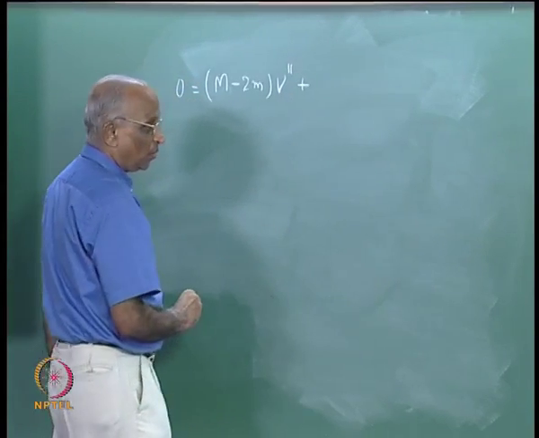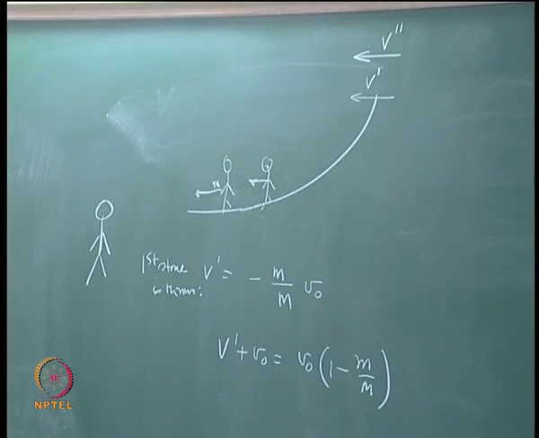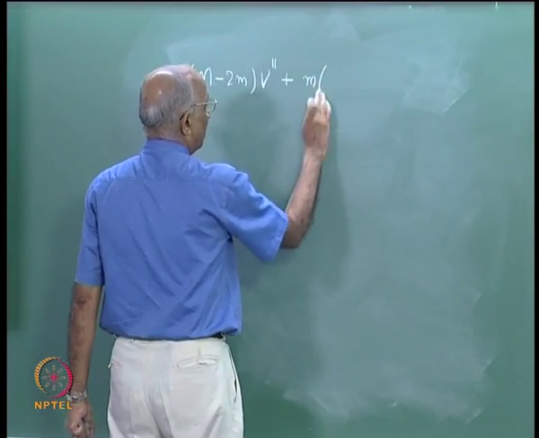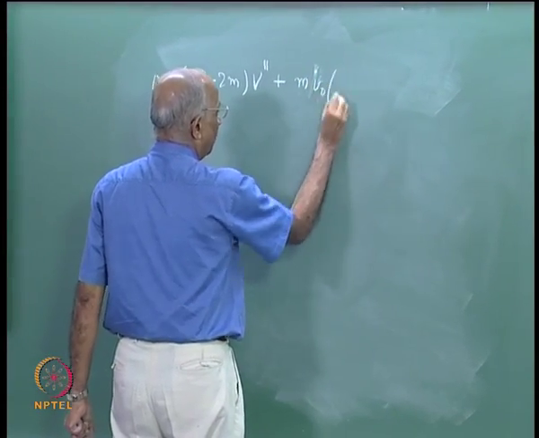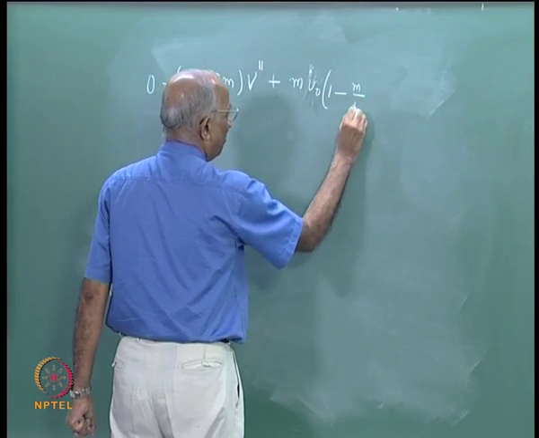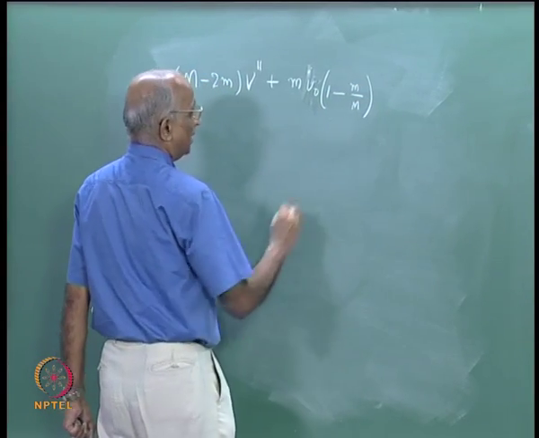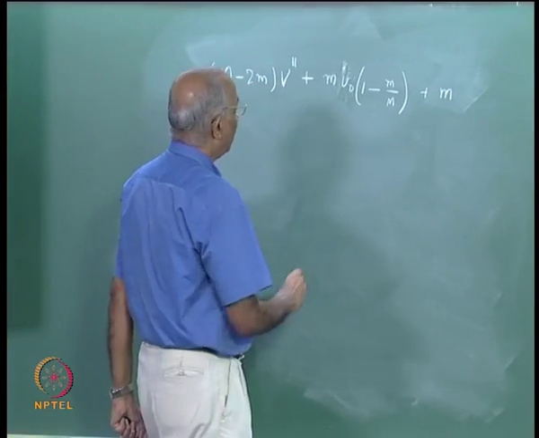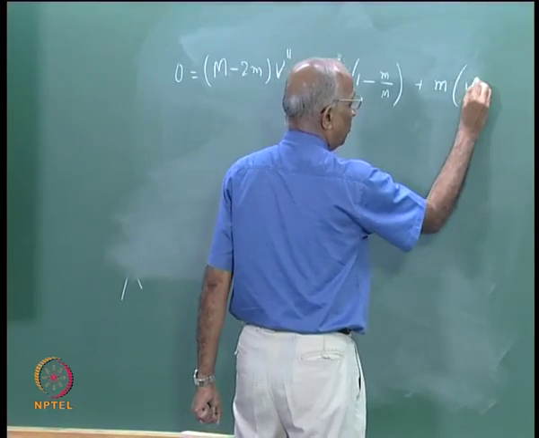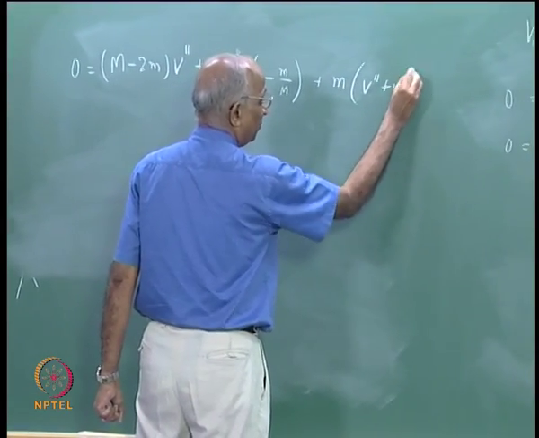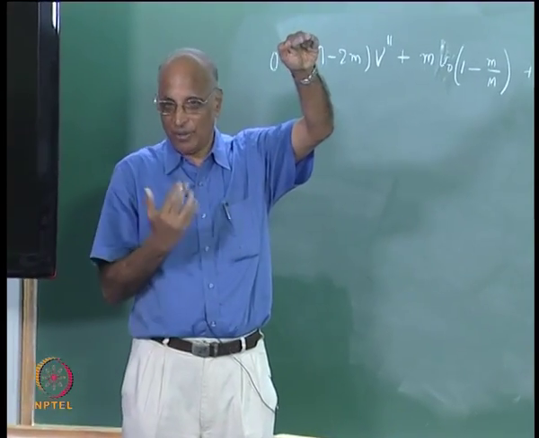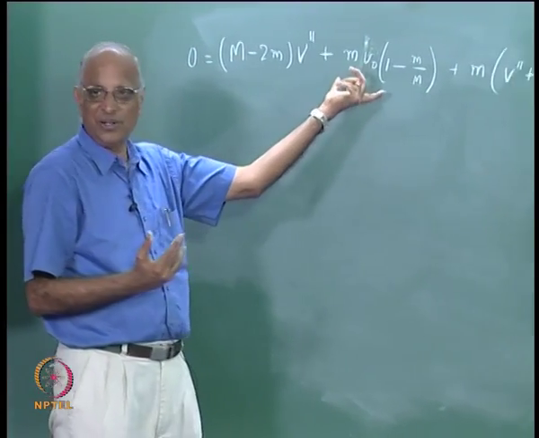The first stone goes with the relative velocity, which is m into V0 into 1 minus m over M, and the second stone goes with a velocity m into V2 prime plus V0, the relative velocity. This becomes my final equation.